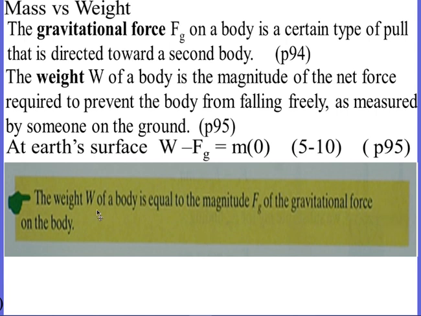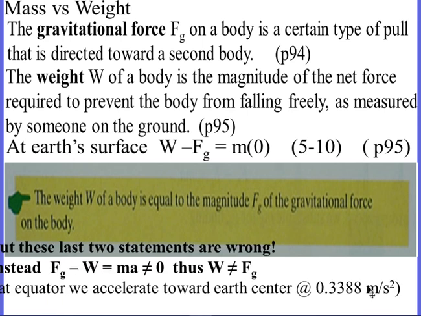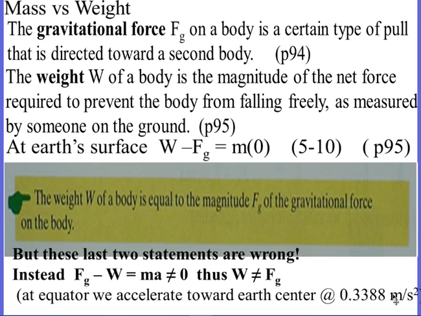Then the book has this set aside with a green hand pointing at it, indicating profundity and importance, that weight is equal to F sub g. But they're wrong. Objects on the Earth are rotating, so there is not zero acceleration.